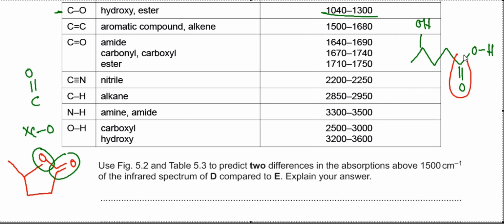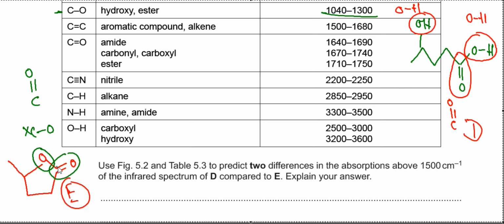One is C double bond O, due to the acid. One is O-H, again due to the acid. And there is another OH group, due to the alcohol. So we can comment on all these absorptions: 1 from E and 3 from D.